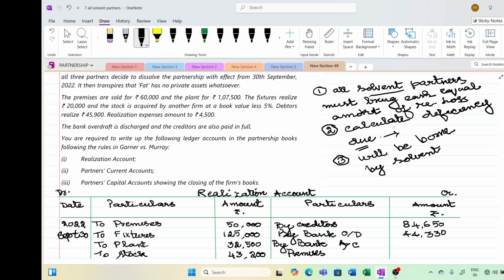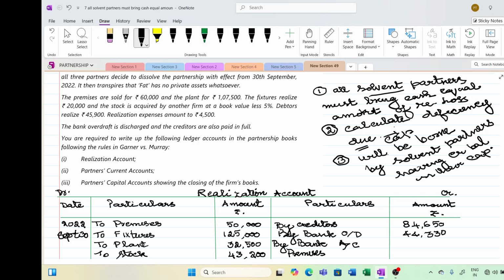But the loss will be borne by only the solvent partners having credit balance in their capital. Credit balance means the credit side total is more than the debit side. This is known as a capital loss.